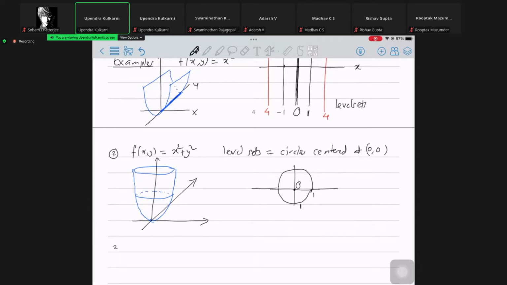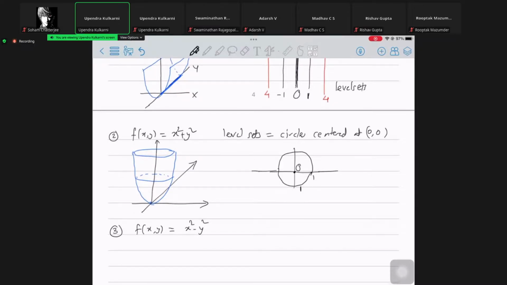Okay, so now let's get slightly more complicated. What if I take f of x comma y equals x square minus y square? What now? So let's draw the level sets.